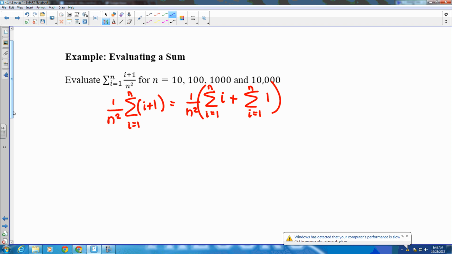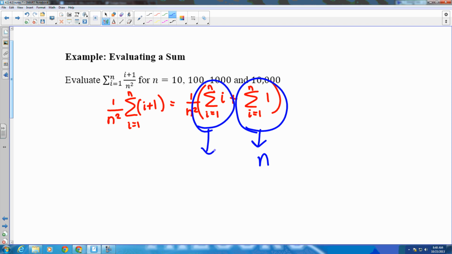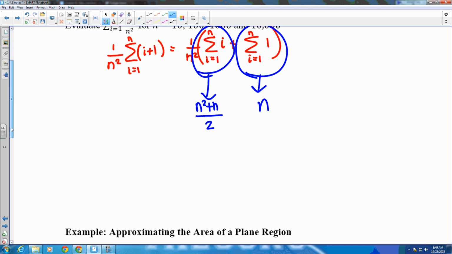So this summation here is just going to turn into n, and this summation is going to just turn into n squared plus n over 2. So now we can just substitute those in, and that's the good part about simplifying and pulling those out, is that we can just go ahead and substitute. So n squared plus n over 2 plus n.